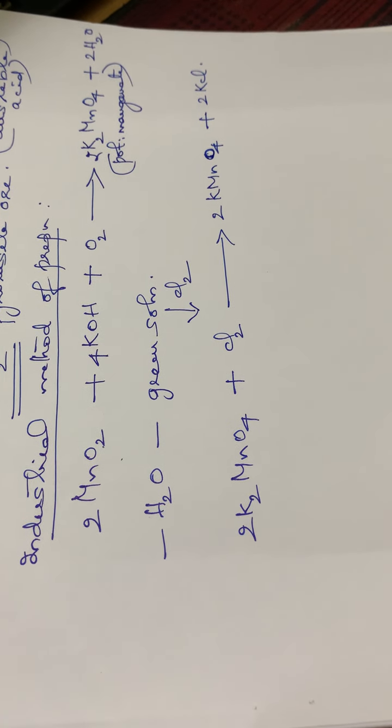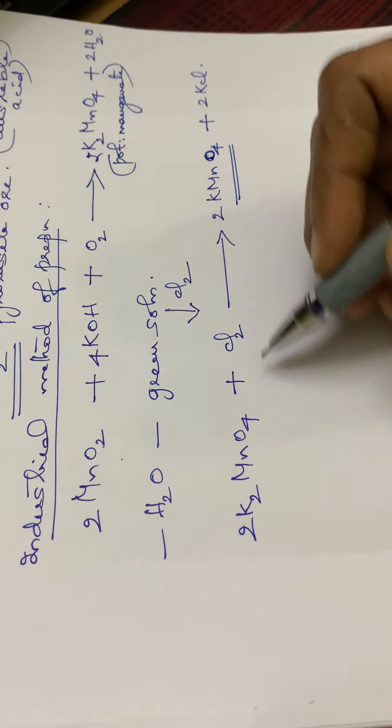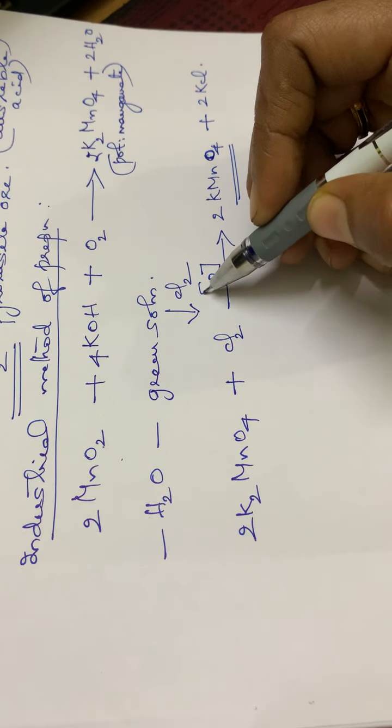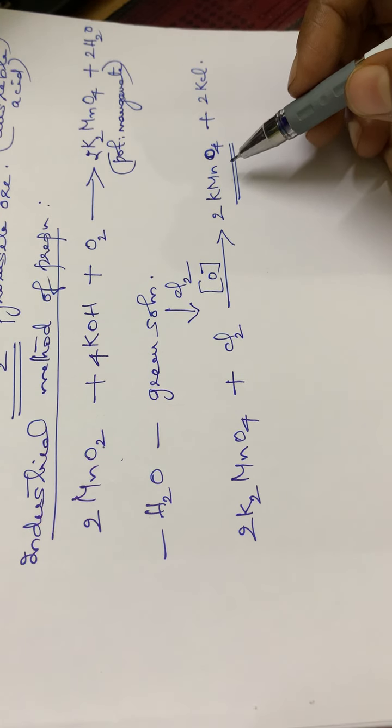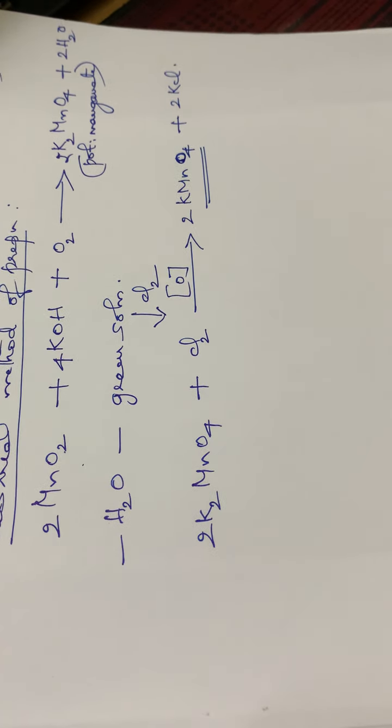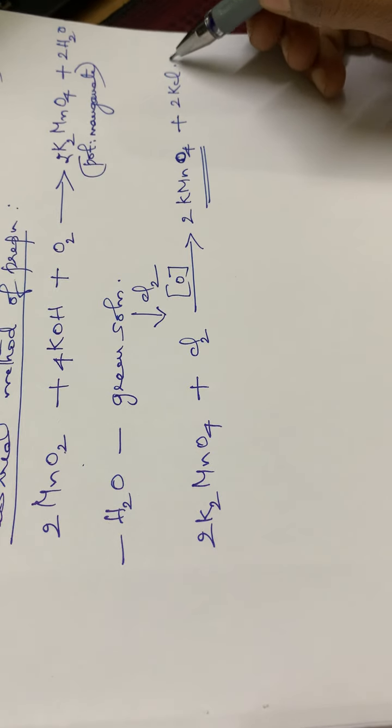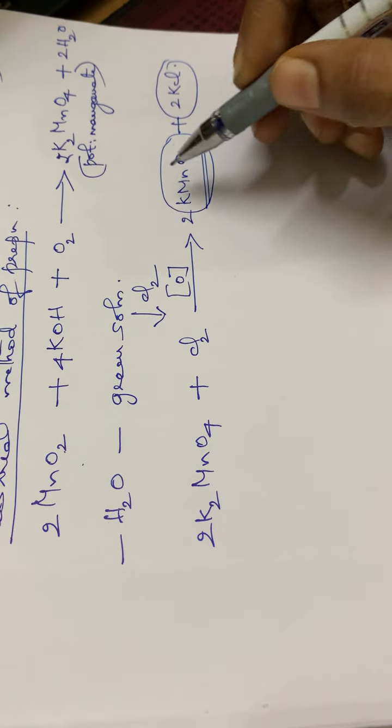This is the industrial method of preparation of potassium permanganate. In the presence of chlorine, potassium manganate is oxidized to potassium permanganate. The solution is a mixture of KCl and potassium permanganate.